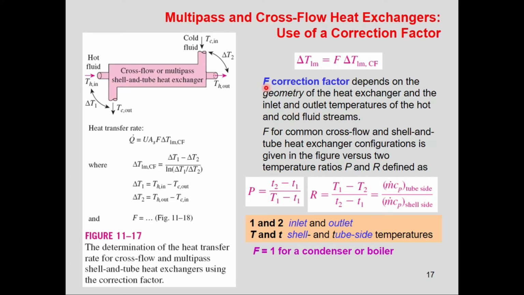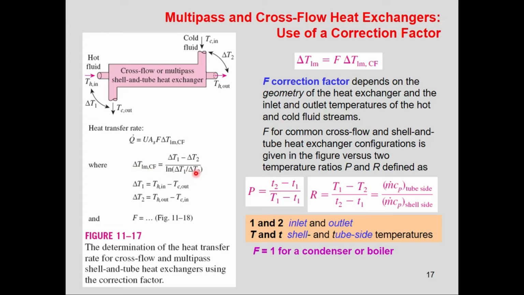If you have four temperatures, you can easily calculate the log mean temperature difference, delta T Lm. Those four temperatures are the inlet and outlet of the hot stream and the inlet and outlet of the cold stream. After putting the values in this formula, you can get the value of delta T Lm.